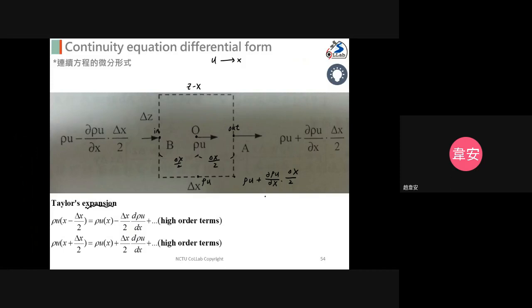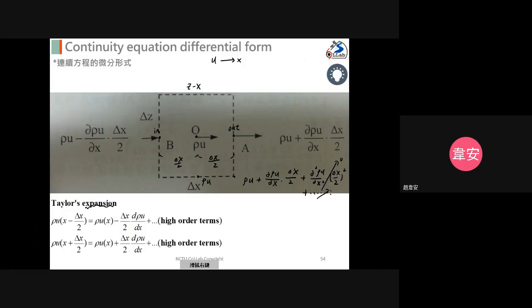The Taylor expansion also has higher order terms, like the second derivative of ρu with respect to x squared multiplied by (Δx/2) squared, and so on. But we assume Δx is quite small, so the squared term and higher order terms are close to 0.